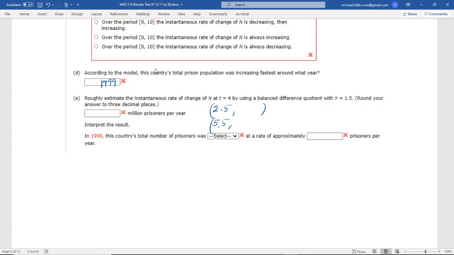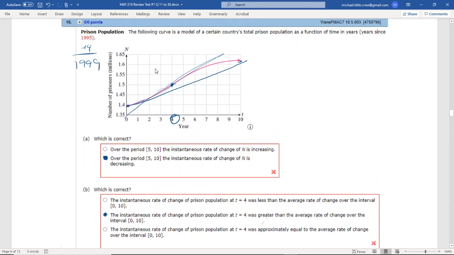I'm pretty sure we calculated this in class. At 2.5 the value is 1.45, and at 5.5 it's 1.55. So they had to give us some nice points here.